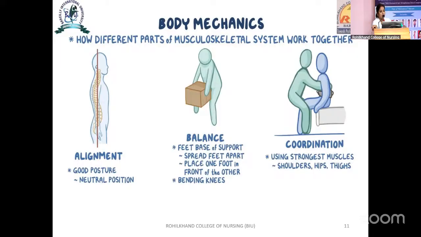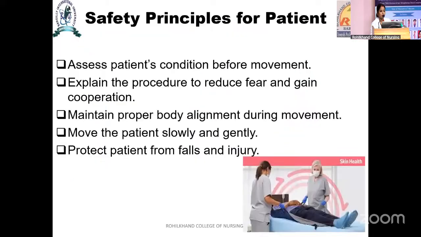There are three: alignment, balance, and coordination. These are maintained by the center of gravity. So what is the center of gravity? Center of gravity means an imaginary point of the human body, the point where the entire body weight balances in all different directions.